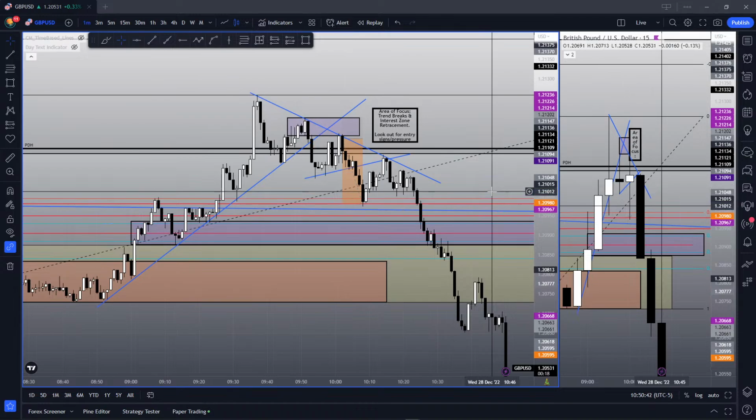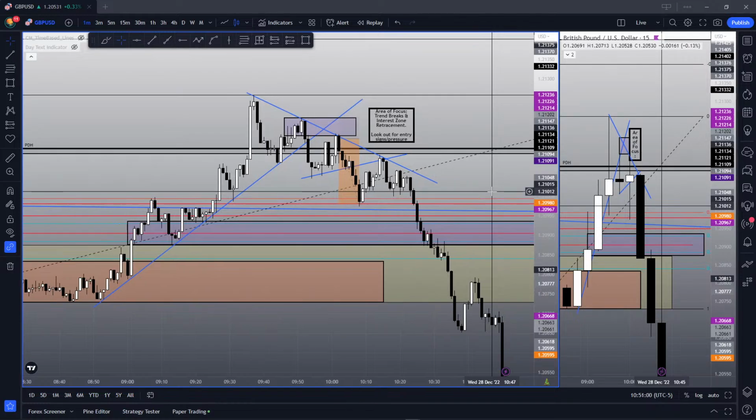So ICT, I would say the concept of ICT is really in depth. There's a lot of archive in the way that he trades, all the way from futures, indexes, all the way down to forex. In the older days, he traded forex, but nowadays he trades indexes.